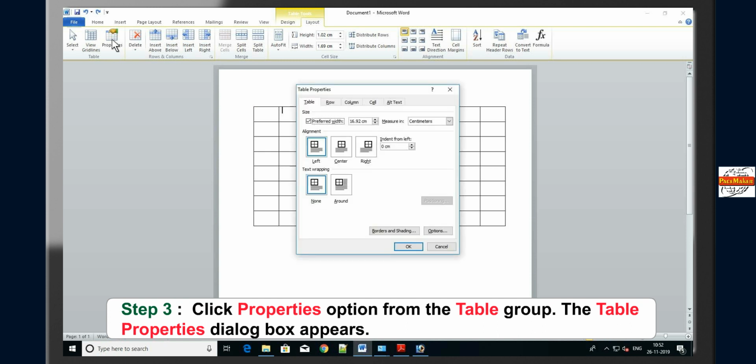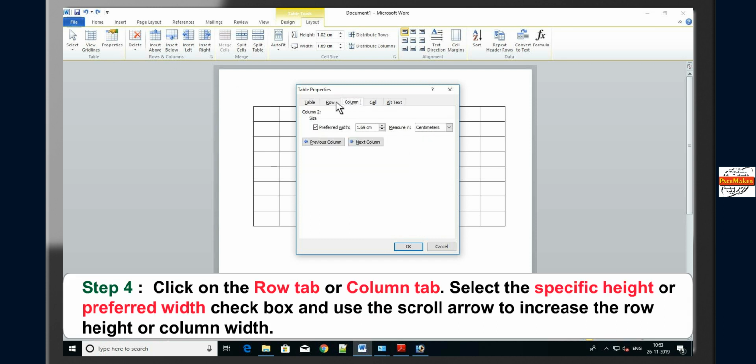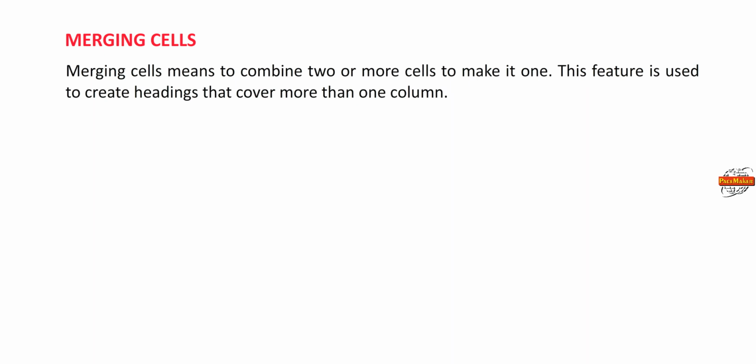The Table Properties dialog box appears. Step 4. Click on the Row tab or Column tab. Select the specific height or preferred width checkbox and use the scroll arrow to increase the row height or column width.